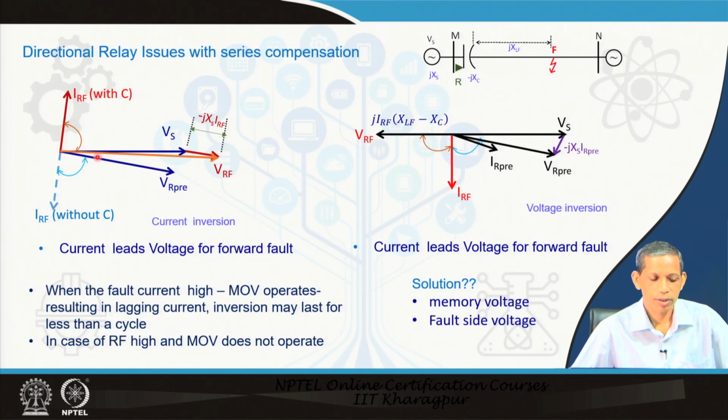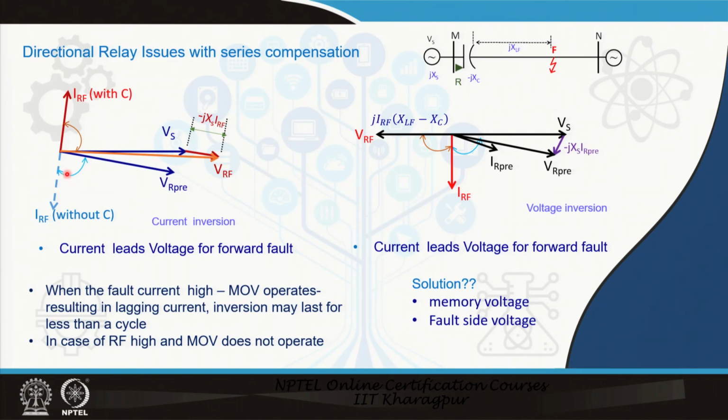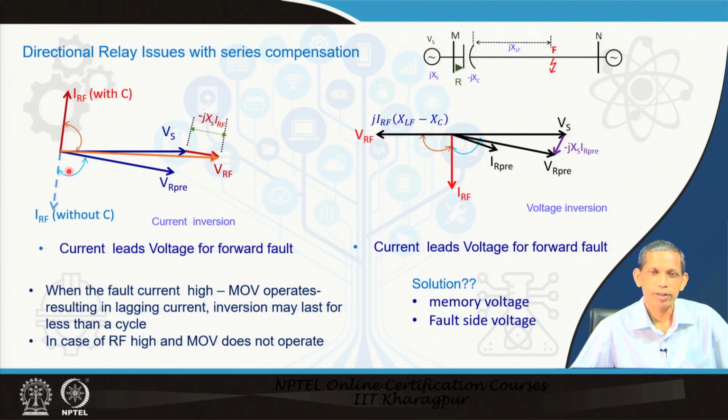Normally it should be lagging, because the directional relay approach we have discussed is based on the sequence component of current, the phase approach. So, this angle-based directional relay is expected to be affected by this issue.